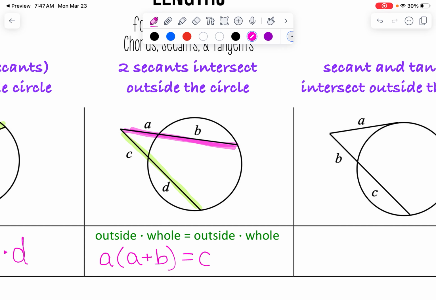So C times C plus D. So that's if it intersects outside the circle.